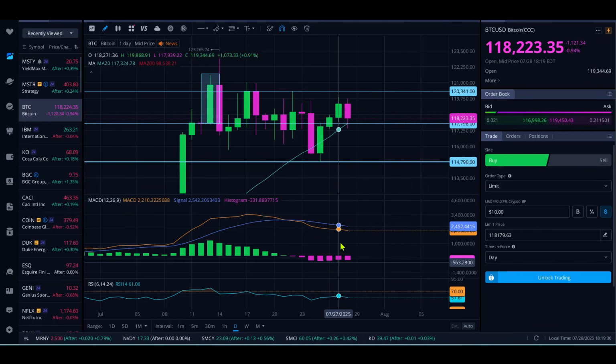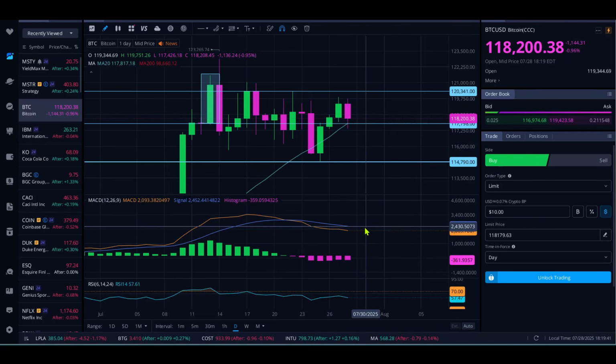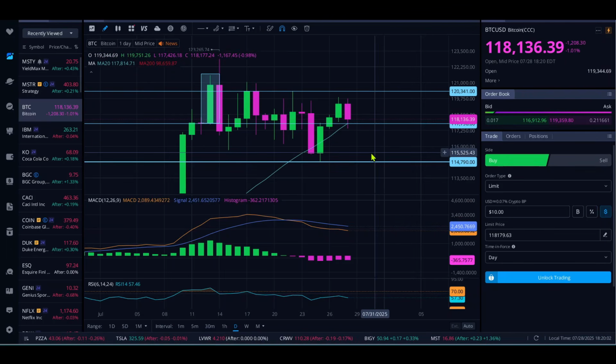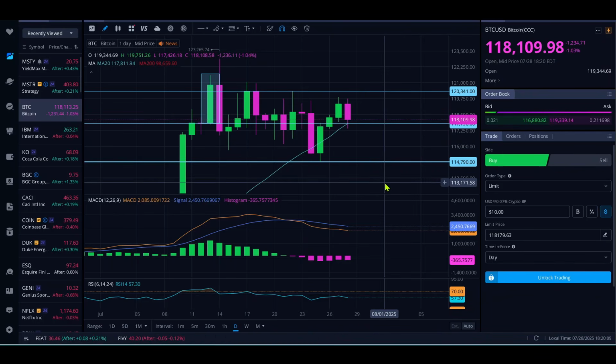So that momentum on the negative side did continue to increase. But Bitcoin itself is just really kind of staying comfortable right here in this range. And it'll be comfortable until it's not, right? And then it'll take off or it'll drop back down. One way or the other, it eventually will move out.